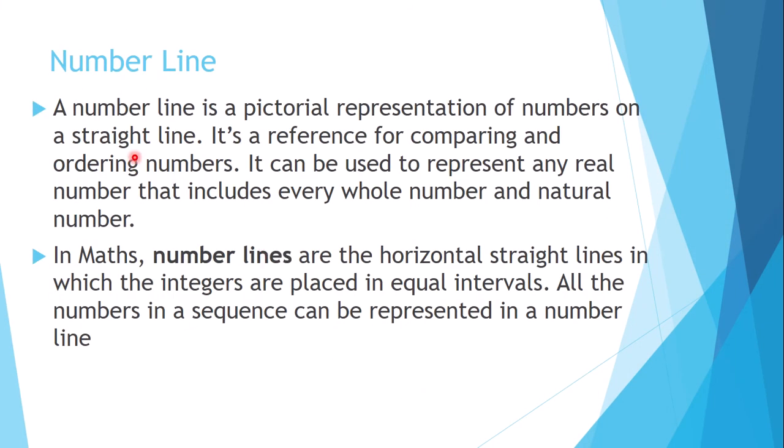Now, what is a number line? A number line is basically a pictorial representation of numbers on a straight line. In mathematics, number lines are horizontal straight lines in which integers are placed at equal intervals. All numbers in a sequence can be presented on a number line.